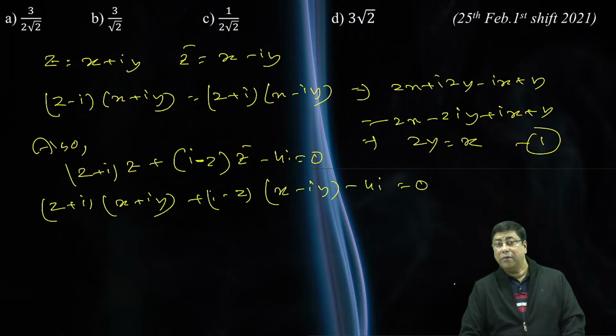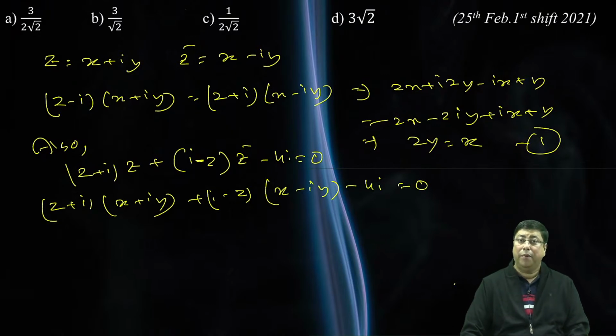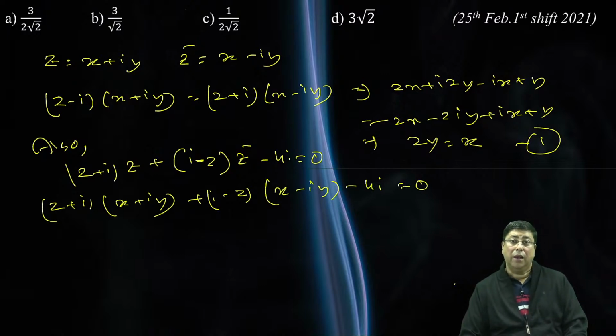So everybody, whatever we are seeing, this geometry of complex numbers comes in every paper, but it is lengthy also. You have to practice the calculation portion continuously, not only the sums.